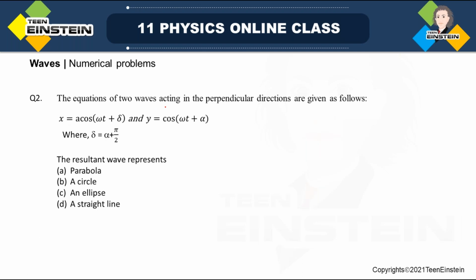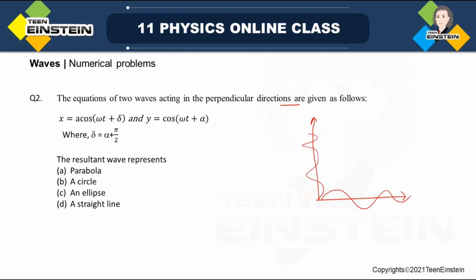Equations of two waves acting in the perpendicular directions. There are two waves. That means one wave is progressing like this, another one is progressing like this.